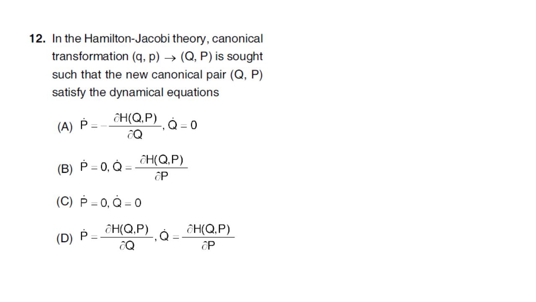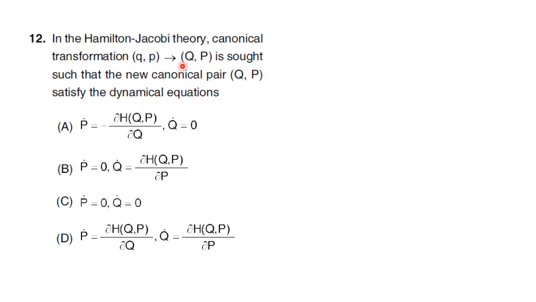In the Hamilton-Jacobi theory, a canonical transformation qp to capital Q, capital P is sought such that the new canonical pair QP satisfy the dynamical equations.